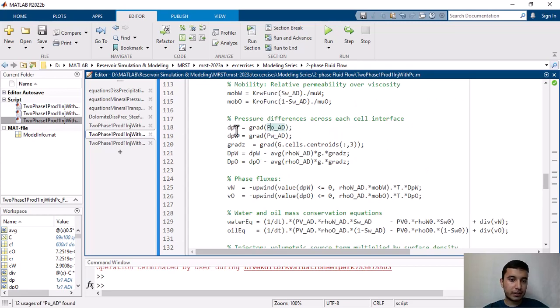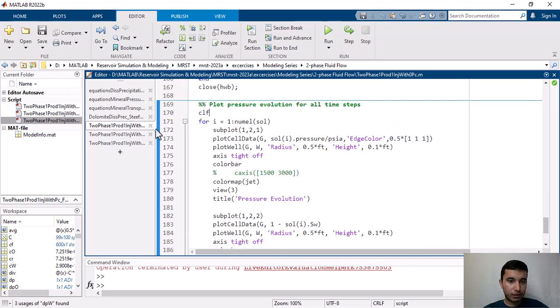As you see here, I have calculated the oil pressure gradient and the water pressure gradient. So we have two different pressure gradients.